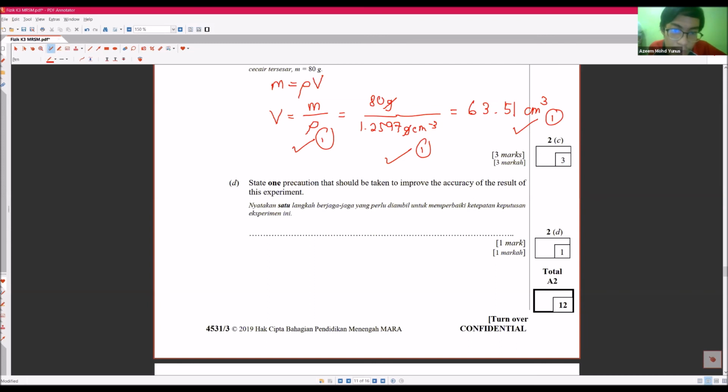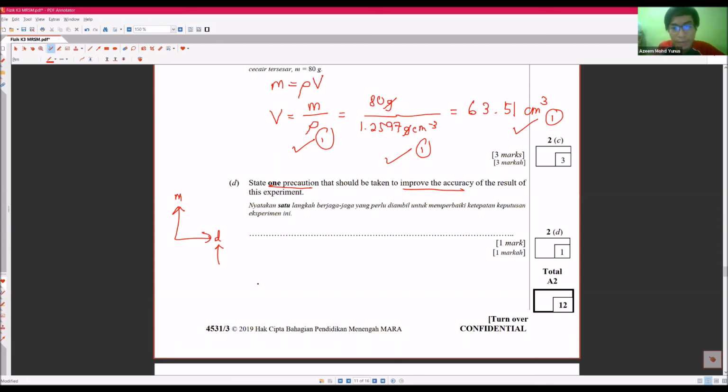So the question: one precaution should be taken to improve the accuracy of the result of this experiment. Mass against depth, mass in gram. So we can use this term. So depth is measured. What is the measuring instrument used to measure the depth? Okay, one of them is the meter rule.